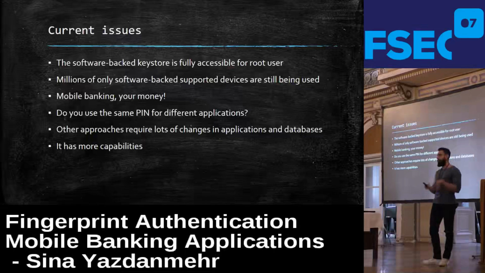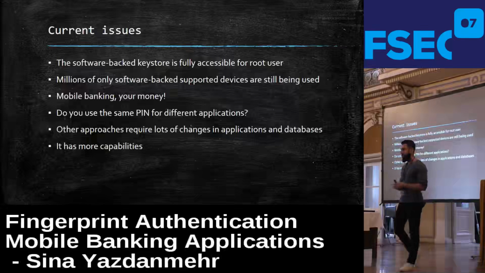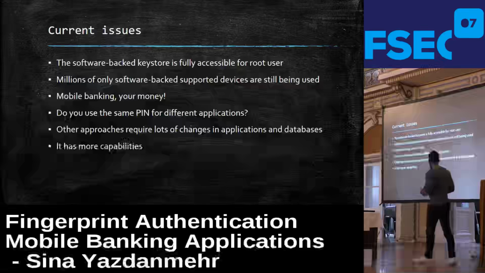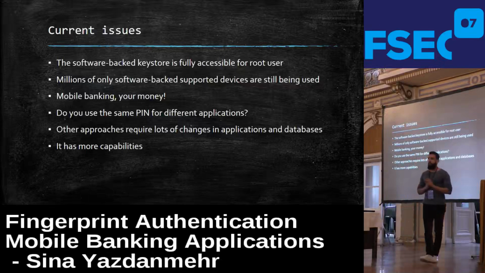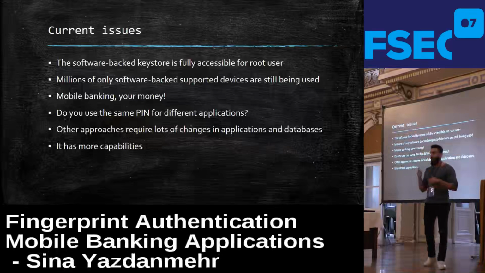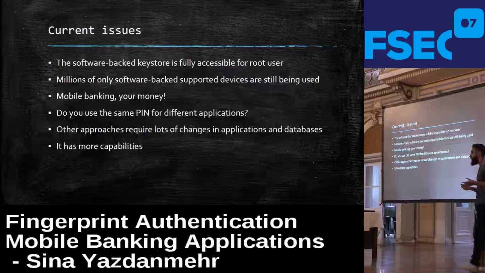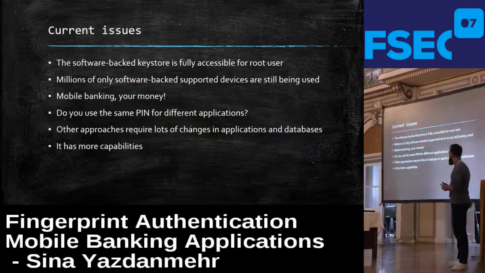Maybe that PIN code is used even for the target's credit card or debit card or any other online applications. Of course, if you can combine fingerprint authentication and PIN code authentication, you can make it two-factor authentication in your application. It means this way has more capabilities that you can use easily.